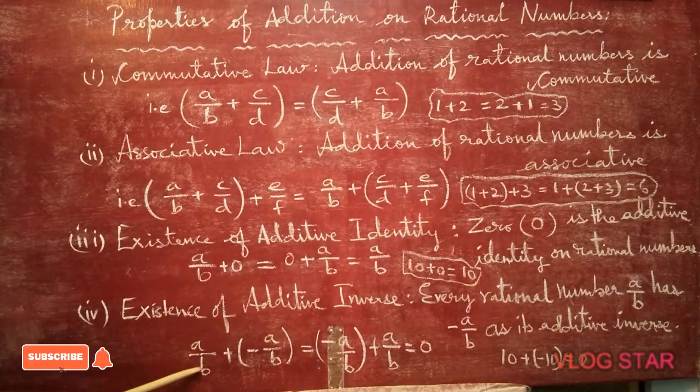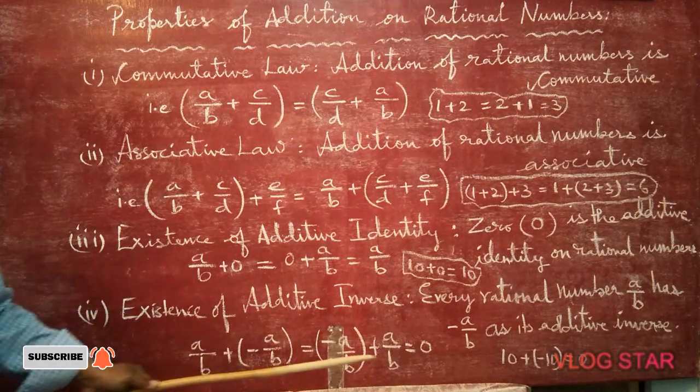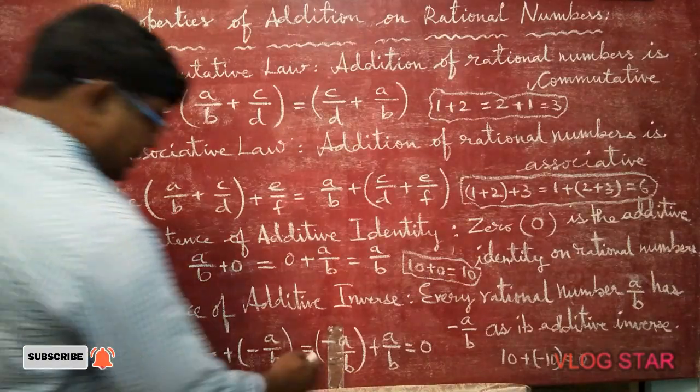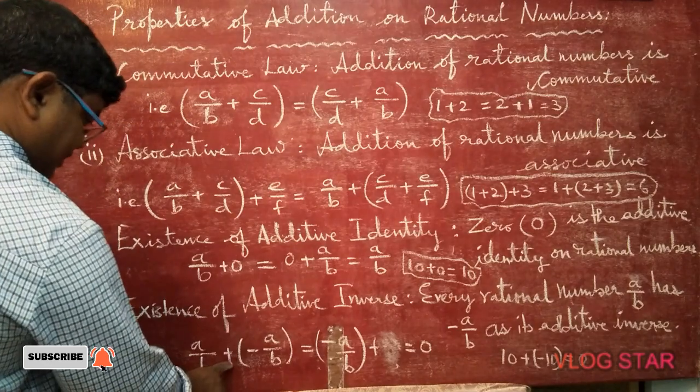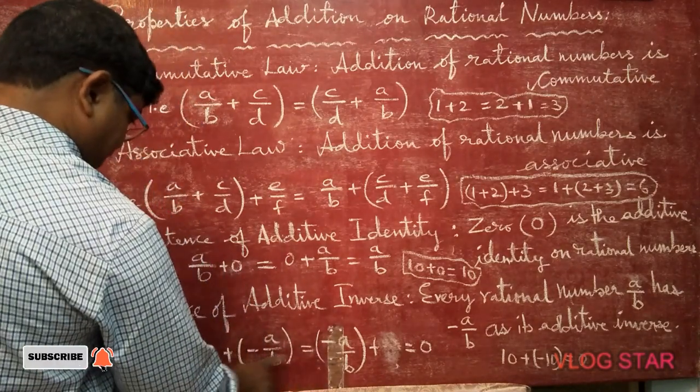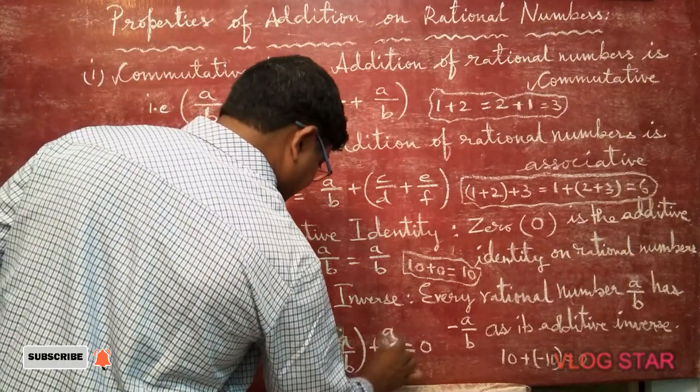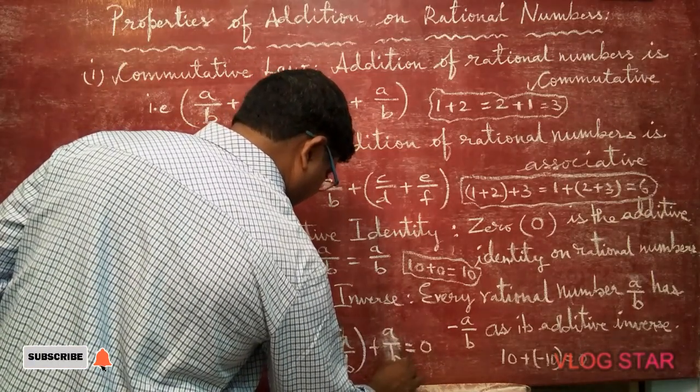In the same way, A by B, if you add minus A by B, you get only 0. Or minus A by B, if you add A by B, it is like the commutative property.